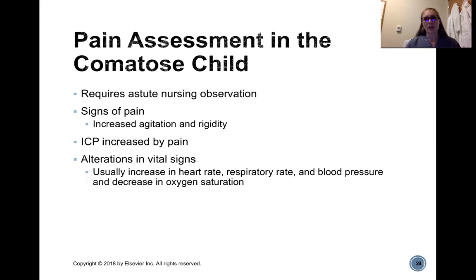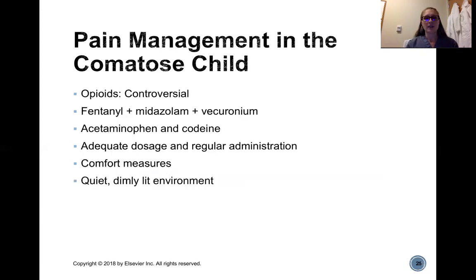Are they becoming more agitated and more rigid? Is their heart rate up? Is their blood pressure up? Is their respiratory rate up? We're going to look at all of the physiological signs that we can, in addition to understanding what potentially could be causing this patient pain. We were able to put that all together and come up with a pretty good idea of whether or not the patient is experiencing pain.